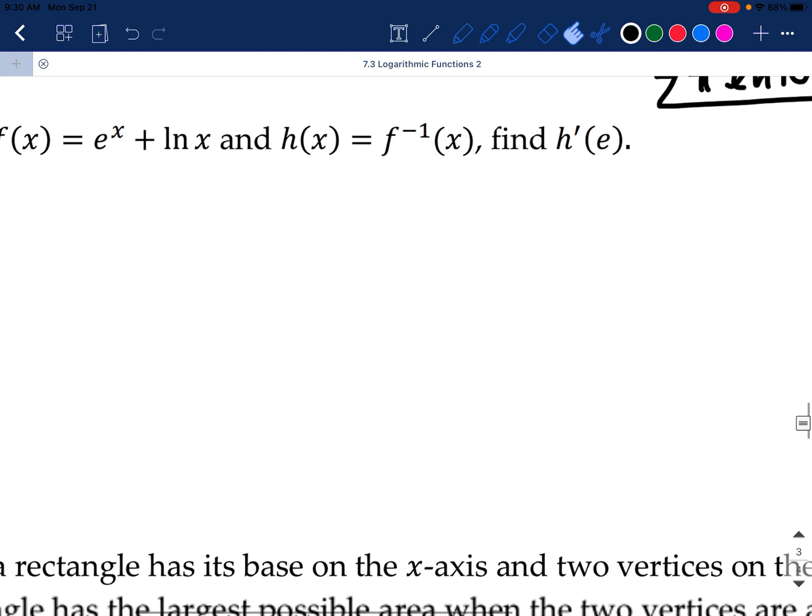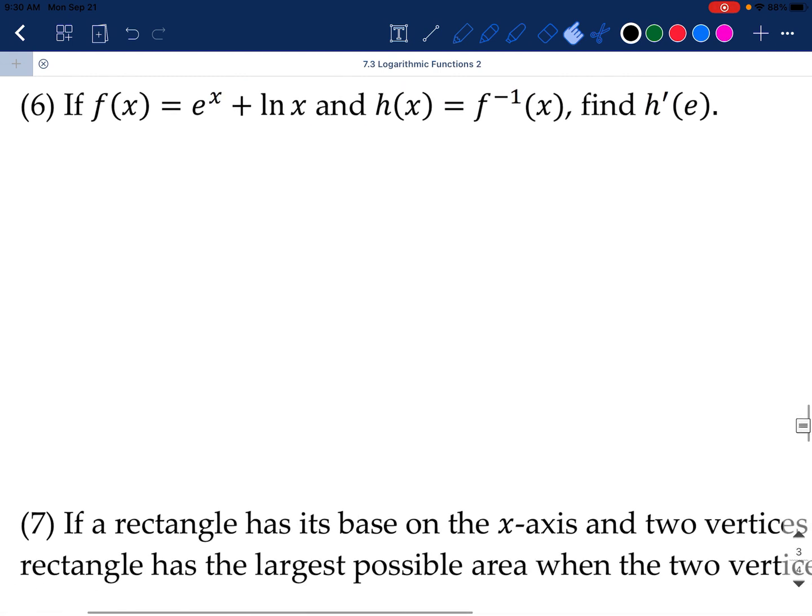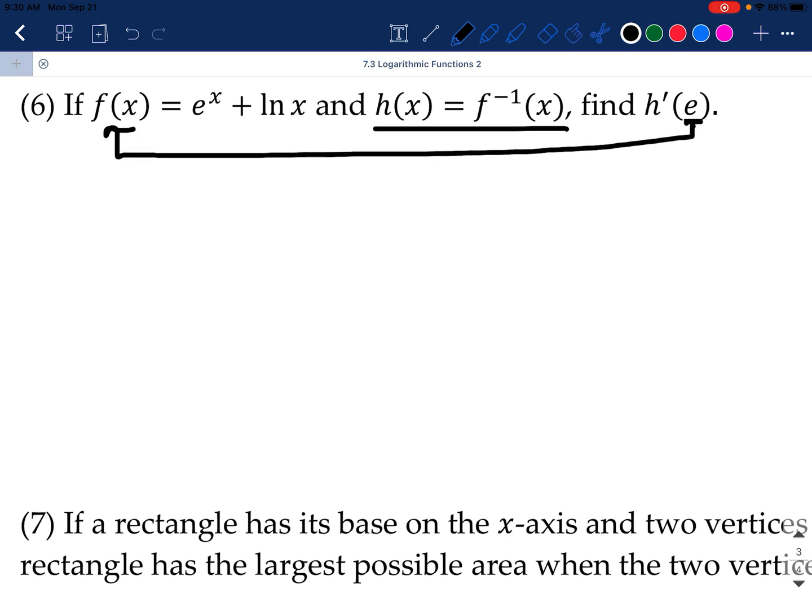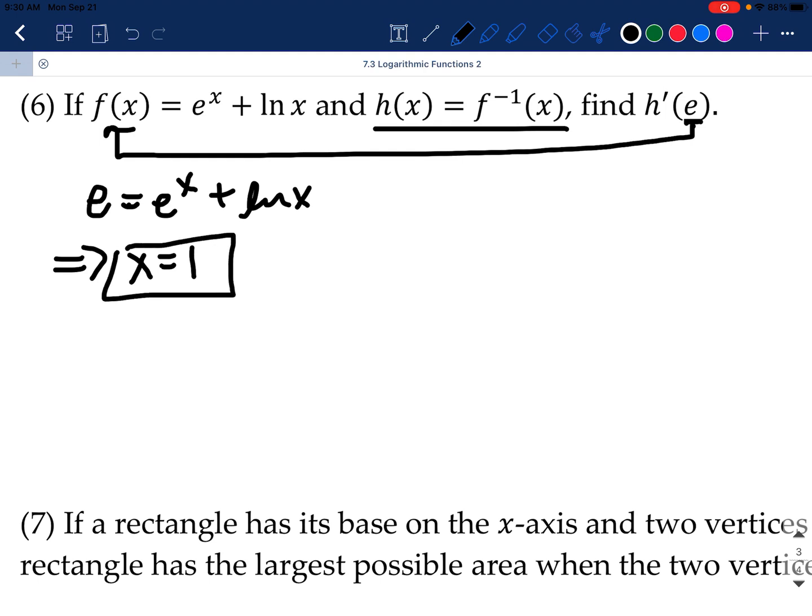All right, so number 6, we're going to do some inverse work here, it looks like. So we are going to define h as the inverse function. So then h prime of e is going to be asking us when f of x is equal to e. So if we set e equal to e to the x plus ln of x, pretty obvious that this is going to mean that x is equal to 1.